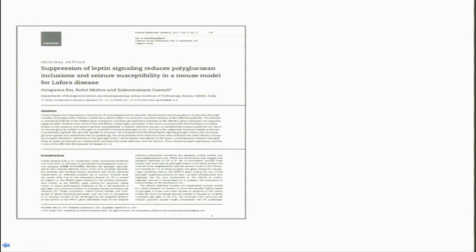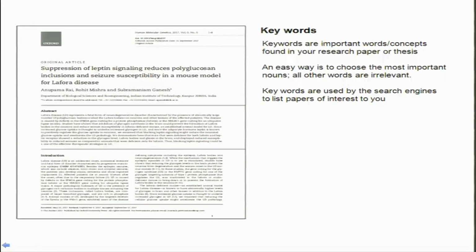So this is the manuscript that has come out of our group recently, which is pretty obvious. If you look into the title, you can see what it really is. It says, suppression of leptin signaling reduces polyglucosan inclusions and seizure susceptibility in a mouse model of Lafora disease. It says exactly what the work was about.